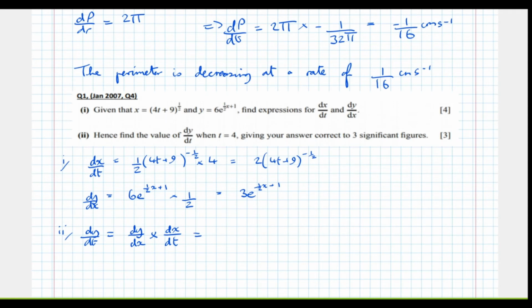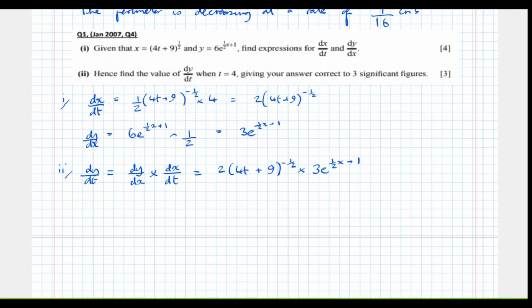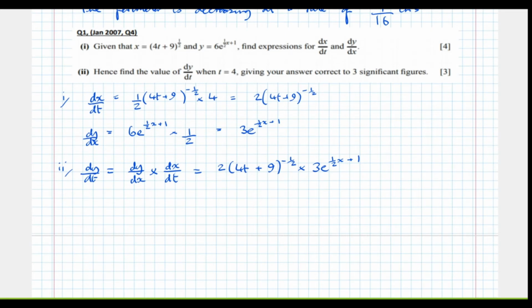So that's equal to dy by dx, which we worked out to be 2 (4t plus 9) to the minus 1/2 times 3 e to the half x plus 1. Now there's a problem here because we're told t equals 4, which is brilliant for subbing in there, but we're not told what x is equal to.